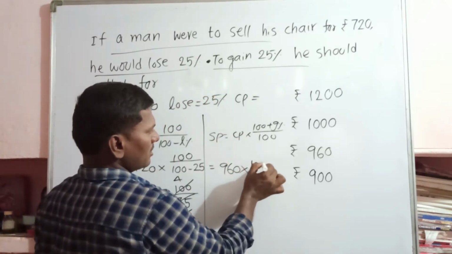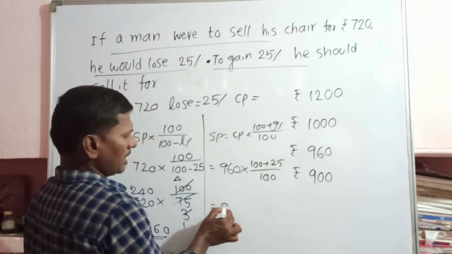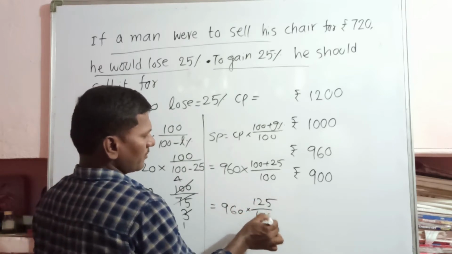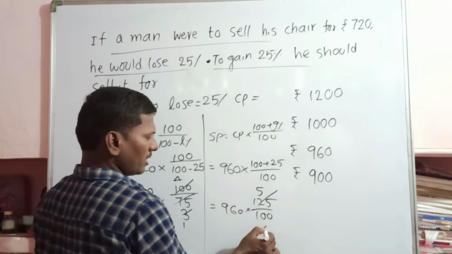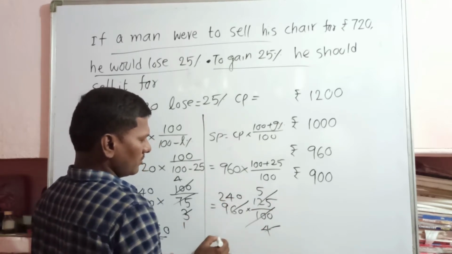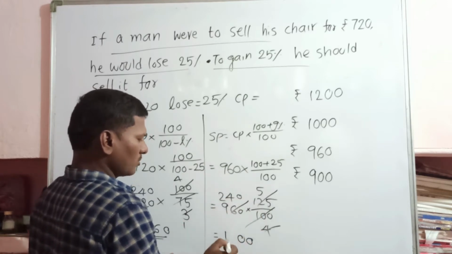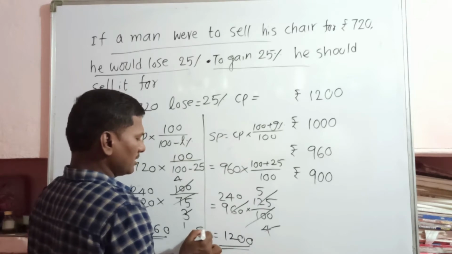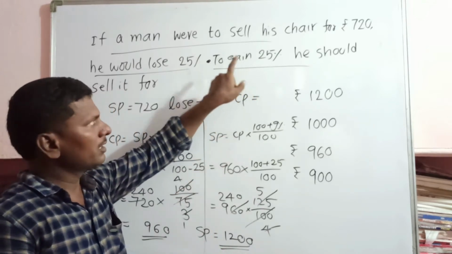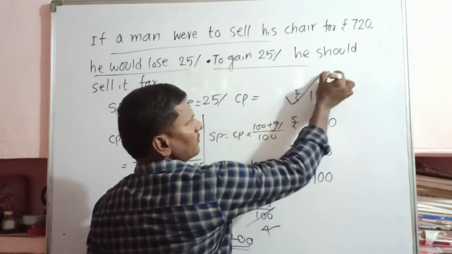So 100 plus gain percentage 25 by 100: 960 into 125 by 100. 25 fives, 25 fours, 4 twos are 8, 4 fours are 16, 5 fours are 20, 5 twos are 10 plus 2 is 12. So our final answer, the selling price to get 25% profit, that chair should be sold for 1200. So here it is given, that is the right answer.